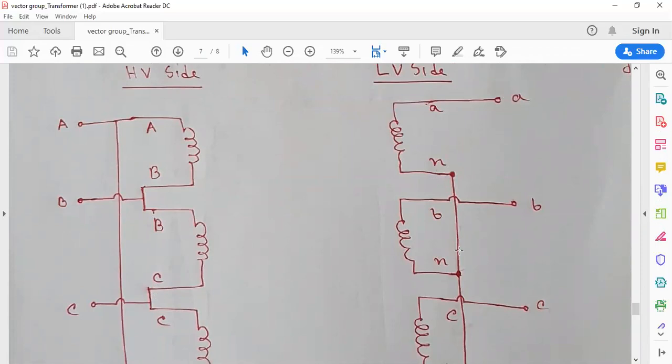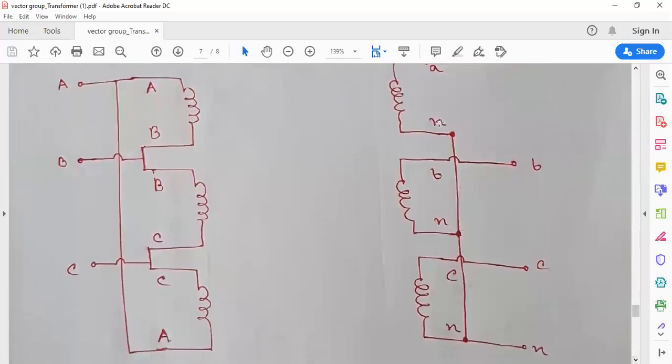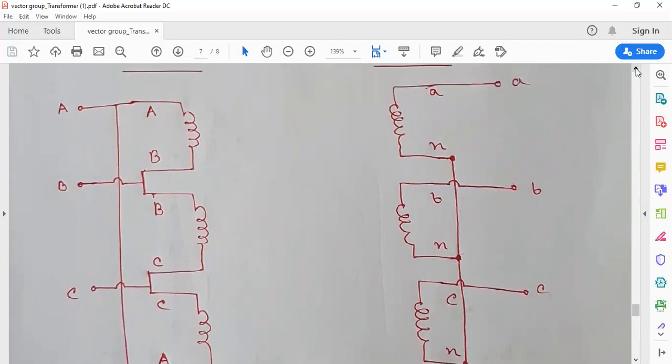All the ends are connected or shorted together to create the neutral line. B winding is drawn from here, C is drawn from here. So Y connection is easy for any kind of connection like DY or YD. We will always draw the Y side first, mark it as AN, BN, CN, then we will add the N points and draw out the ABC points.